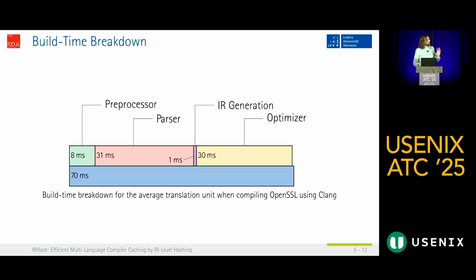Just a disclaimer, this figure is just an approximation. In practice, the different phases are more intertwined. What we can see is that first the preprocessor runs, which is quite fast, handling all the ifdefs and includes. Then the parser parses the source code into the AST, which takes a lot of time with 31 milliseconds.